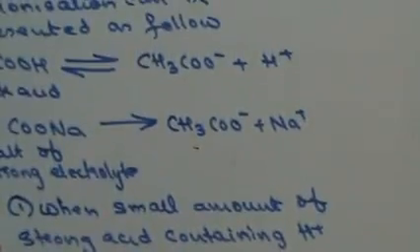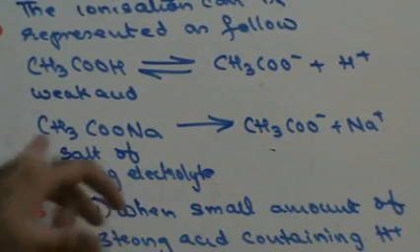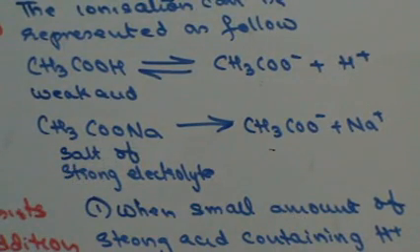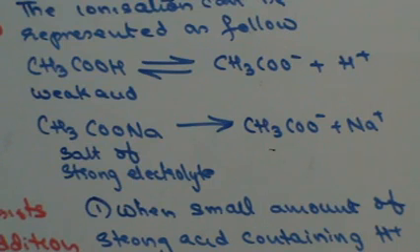Question: so why will they combine? Because of common ion effect. Because of adding this salt of strong electrolyte, the concentration of acetate ions is very high. So as soon as you put hydrogen ions, those hydrogen ions will combine with the extra acetate ions.